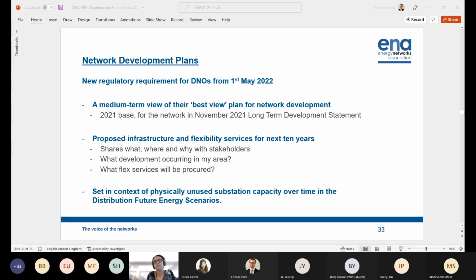So the network development plans can give some really rich information to stakeholders on the questions that we've set out above, but we advise that people proceed with caution if they're asking slightly different questions about how much network capacity is available right now in a specific area which isn't committed to specific customers.